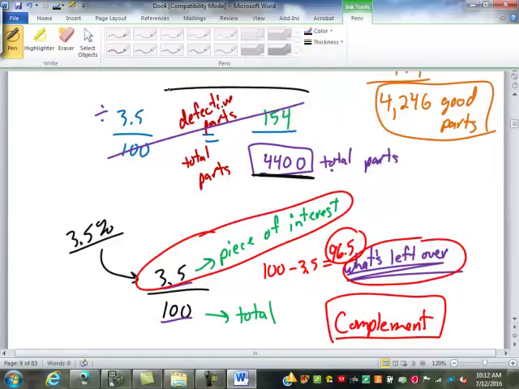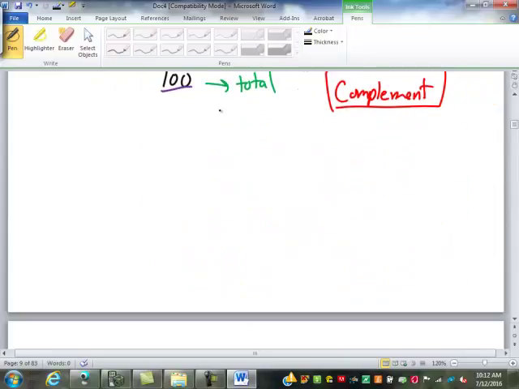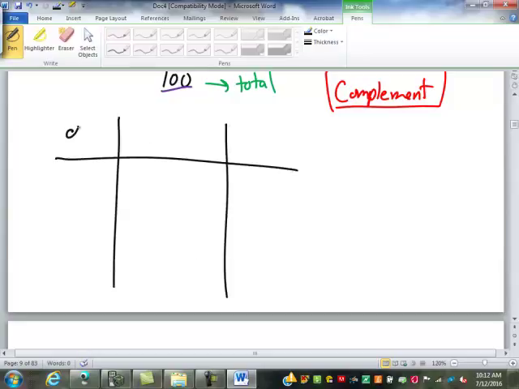Often when I do story problems with percents, you can see here in both of these problems, I set up my proportion and I left room in the middle here to label the pieces. I will often actually just set up a table. It looks like this. On one side of the table you have percents, and on the other side you have the numbers. And in the middle you have the descriptions. The defective is the 3.5.